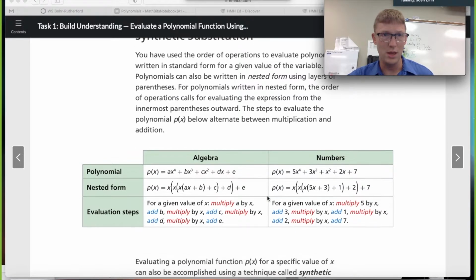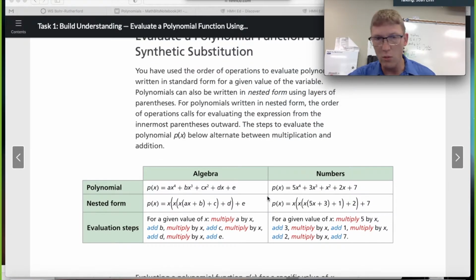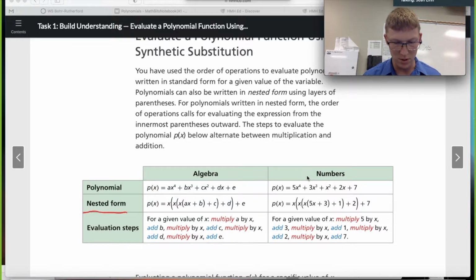So one way to do it, and I guess they would use this nested form when maybe you didn't have a calculator or something like that.